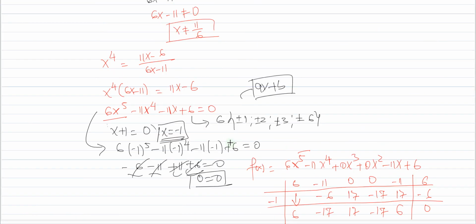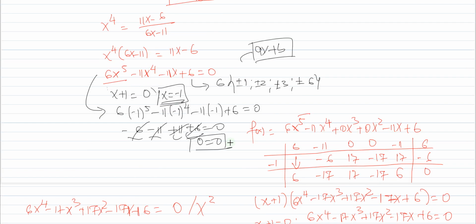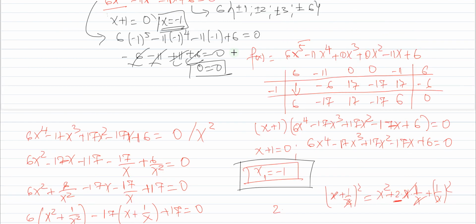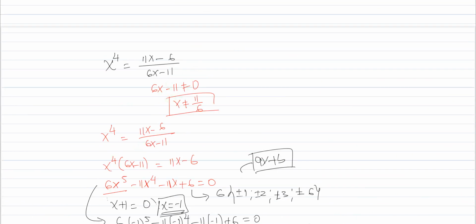If we want to check, we can do it with one of the values of x. Let's say x is equal to 2, and we replace it in the equation. We have 16 equals 12 minus 6 over 12 minus 11.